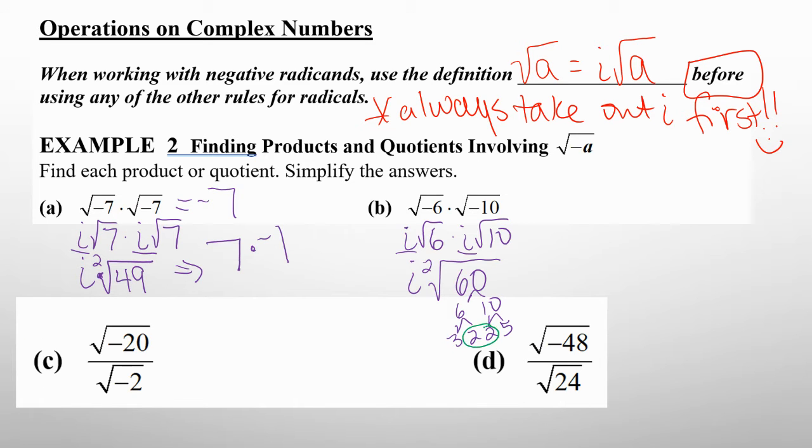I have a pair of 2s that can get pulled out, and 3 times 5 is left. And remember that i squared is negative 1 times this radical. So we have negative 1 times 2. The 2 got pulled out, and then 3 times 5 on the inside. Negative 1 times 2 is negative 2, and 3 times 5 is 15.